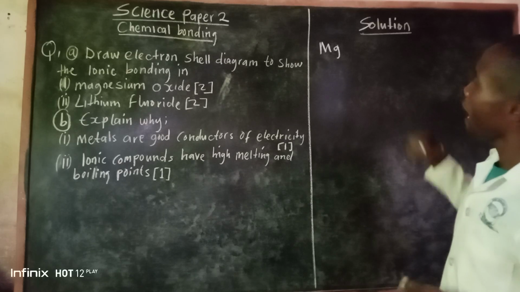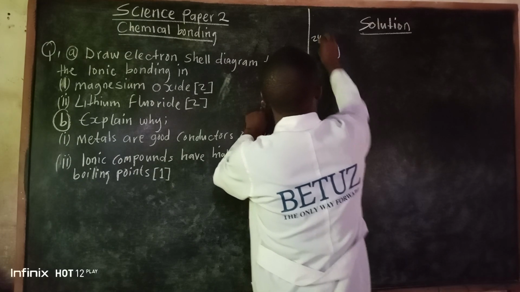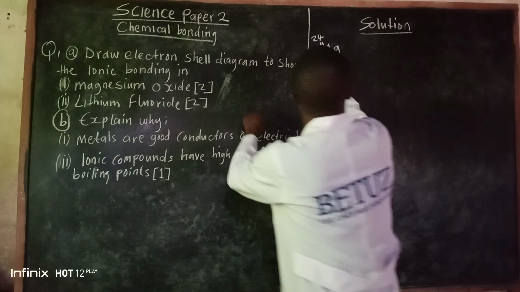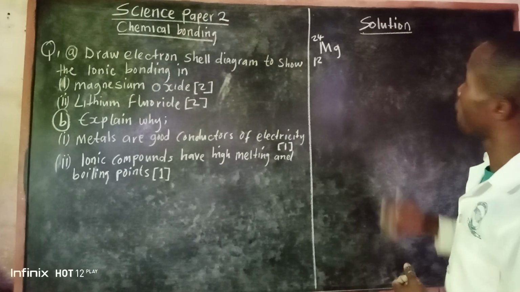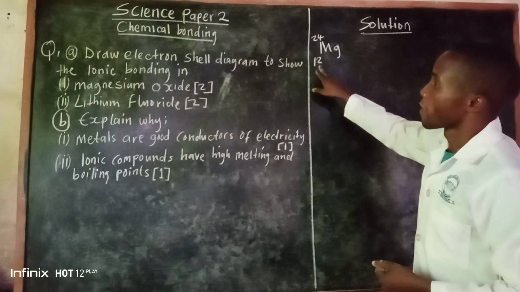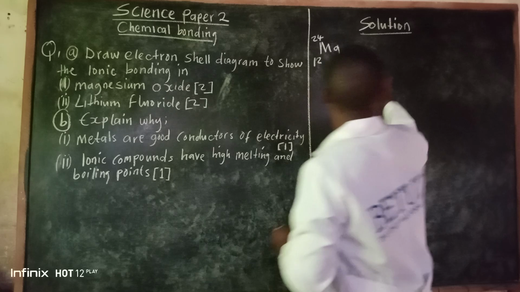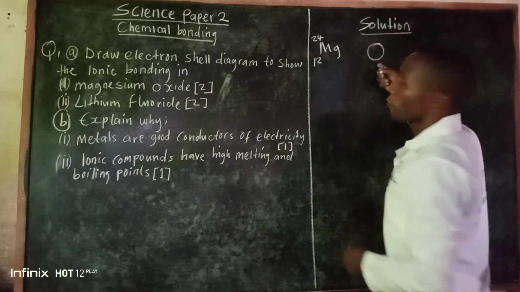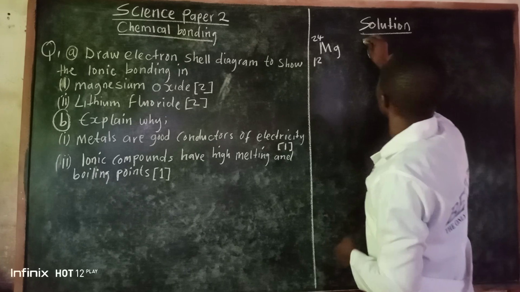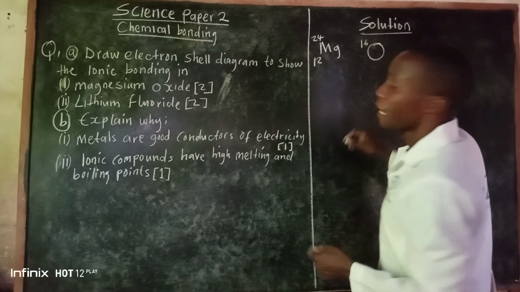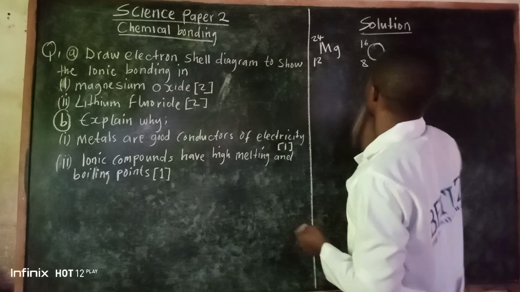Then magnesium has got a mass number of 24 and an atomic number of 12, or number of protons. Then when we come to oxygen, the chemical symbol for oxygen is just O. Oxygen has got a mass number of 16 and an atomic number of 8.